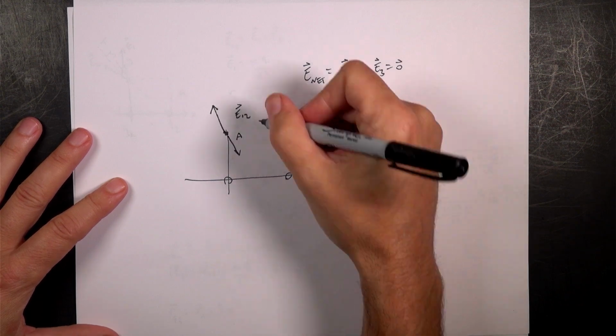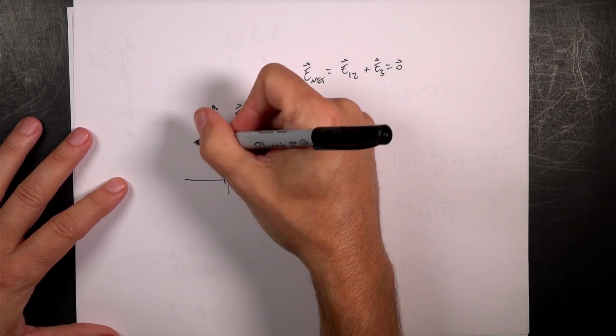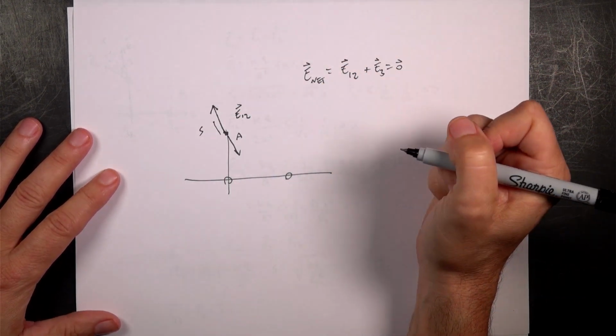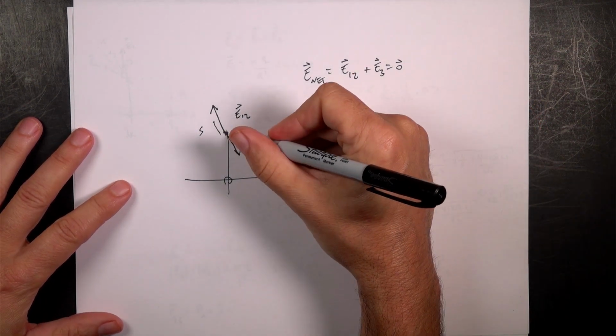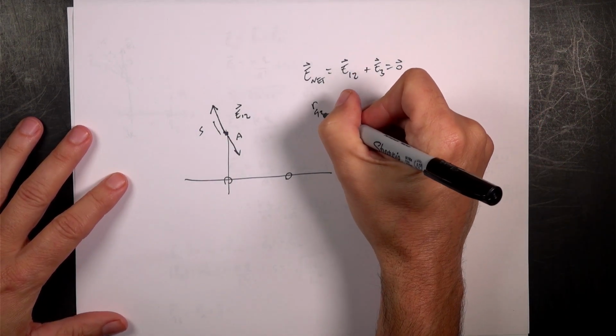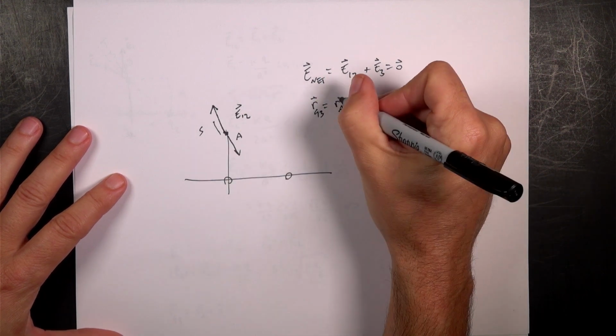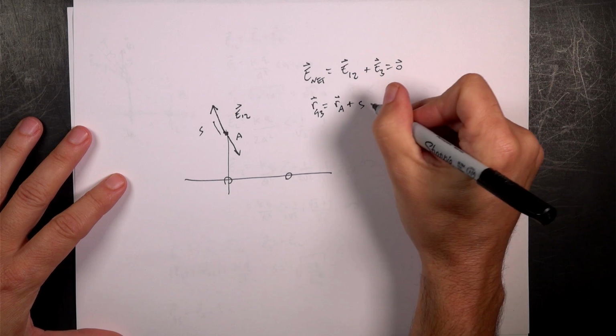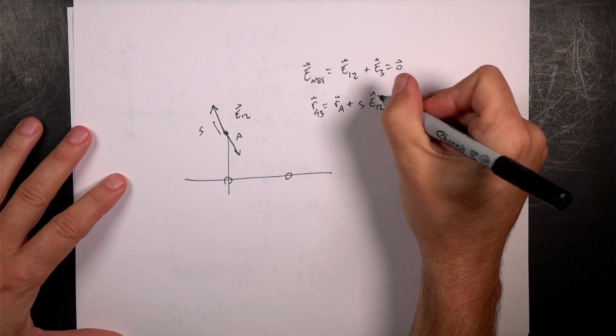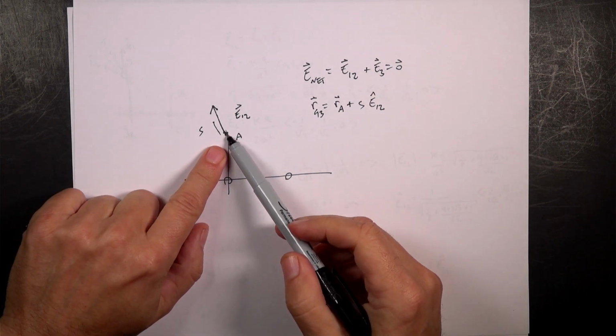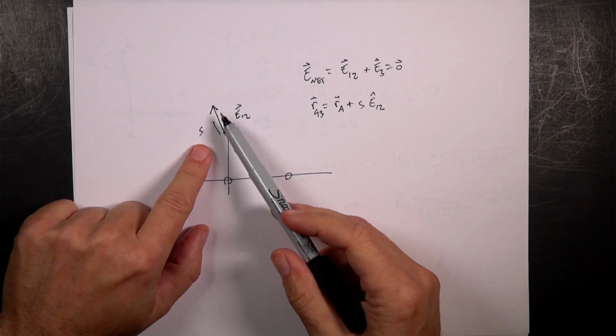So it has to be some distance S this way, which is the same thing as I had before. So I have some distance S, and I can find the vector location of that charge. RQ3 is going to be equal to RA, the location of A, plus S E12 hat. E12 hat is a vector with a magnitude of S in the direction of E12.